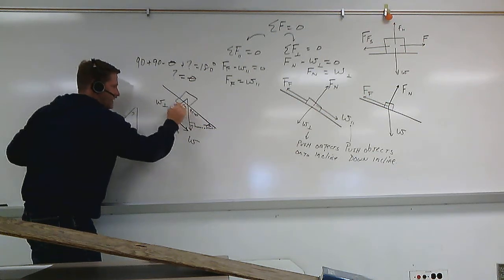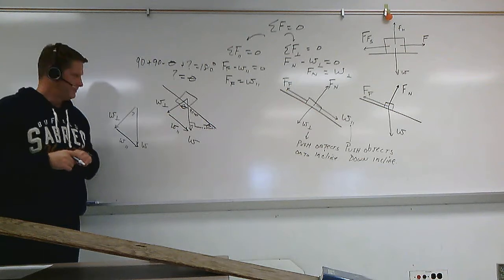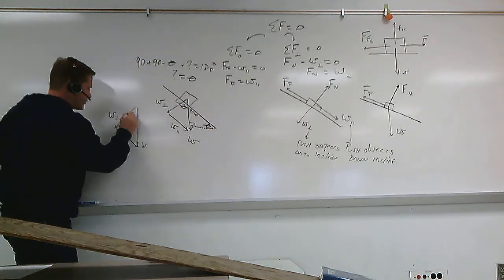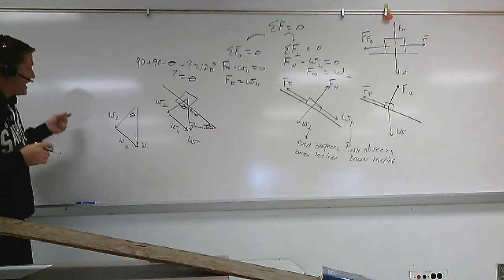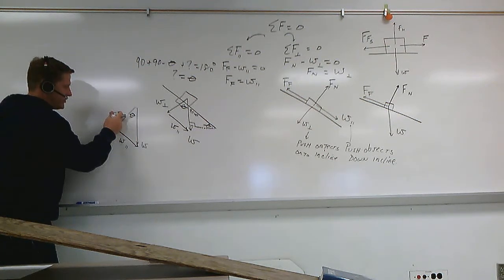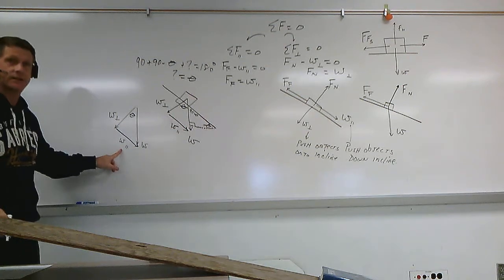So all that's telling us is this. The angle that the incline makes with the ground is the same as the angle that's right in here on my trig triangle. So now what does that mean? Weight is my hypotenuse, this is my adjacent side, and this is my opposite side.